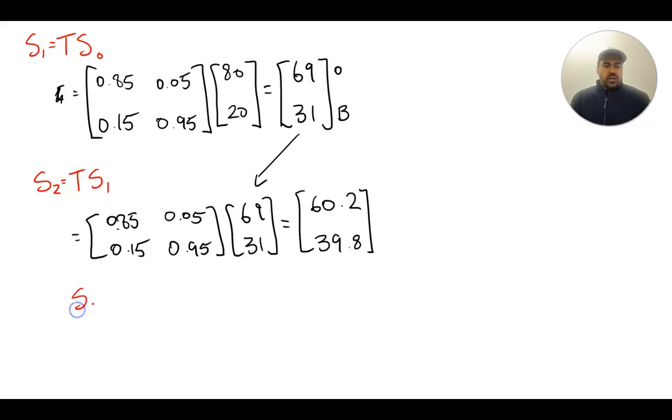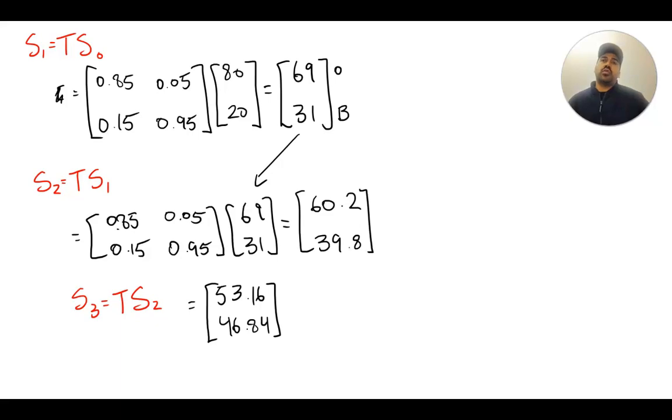So we do this again. S of 3 is equal to the transition times S of 2. When you do this, this stays the same. That gets put into your calculator and you will end up getting 53.16 and 46.84. Now remember, these are just predictions, okay? These are just predictions, based on data that's used to model whether this is going to be consistent, as a result on a day-to-day basis.